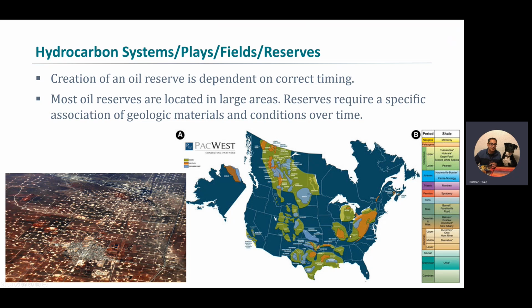And so the west side of Appalachians over here is good because it's not as metamorphosed. If you go a little further east, it was deeper into the tectonic belt of the Appalachians. A lot of metamorphism occurred, and so we probably lost any oil and gas that was produced there.